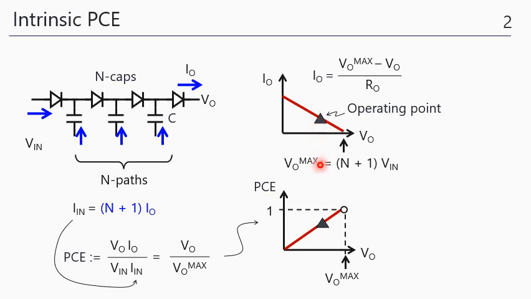So at this point, your PCE should be below 1. How the PCE is reduced from 1 depends on how far your operating point is from VO max.